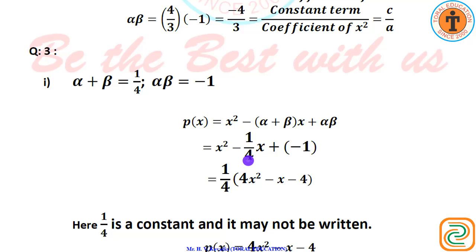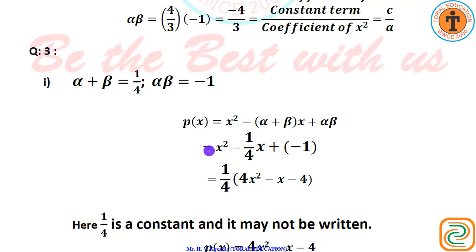4 as LCM. So 1 upon 4 I have taken here out of the bracket, 1 upon 4. So 4 will be multiplied by the numbers which do not have 4 as denominator. So this number x square has not 4 as denominator and minus 1 has not 4 as denominator. This number x has 4 as denominator.